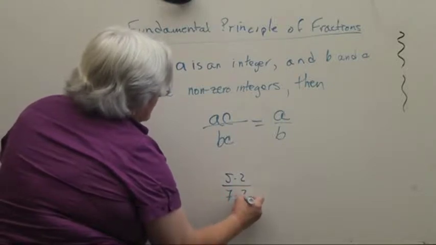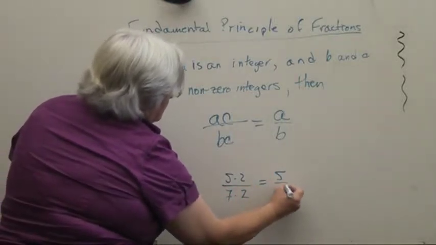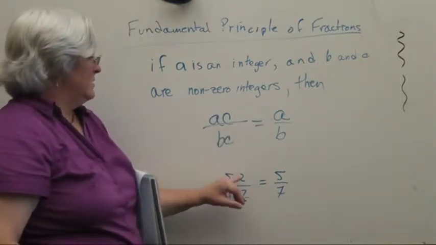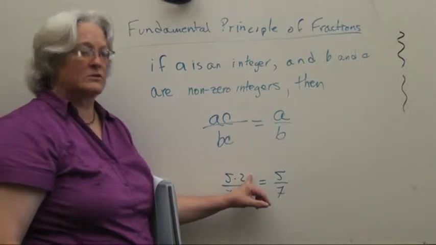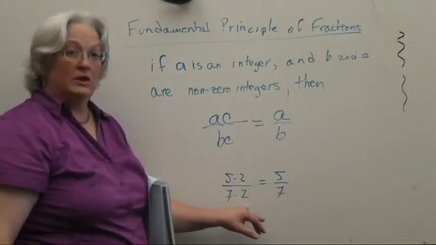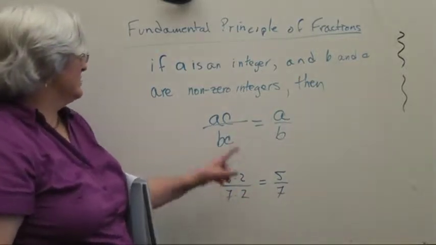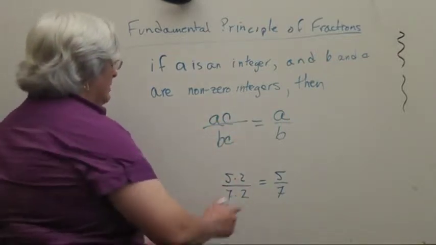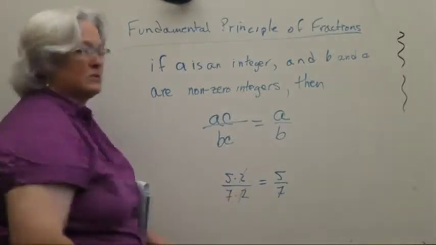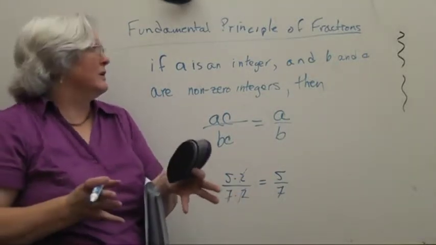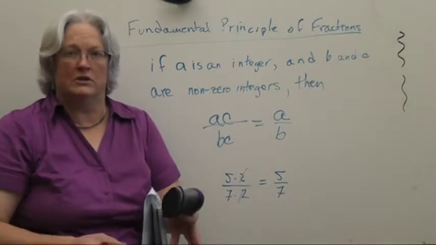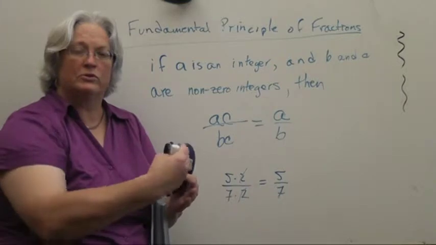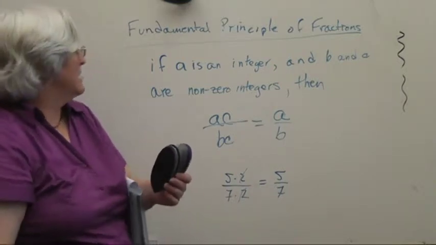How about over 7 times 2? We have 2 non-zero integer factors. One of them is the same factor in the numerator and the denominator. Those cancel out, and that's what this fundamental principle of fractions allows us to do: cancel common terms or reduce by the greatest common factor.